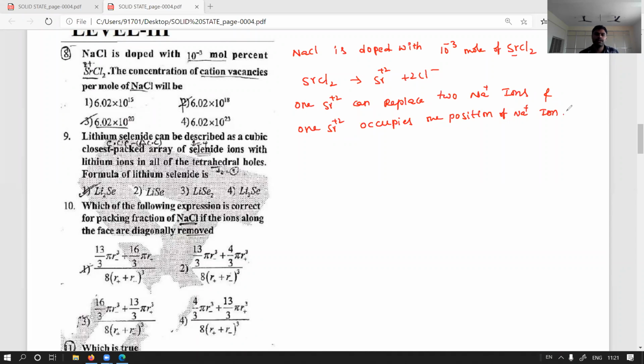How many cation vacancies are present per mole of NaCl, they asked.